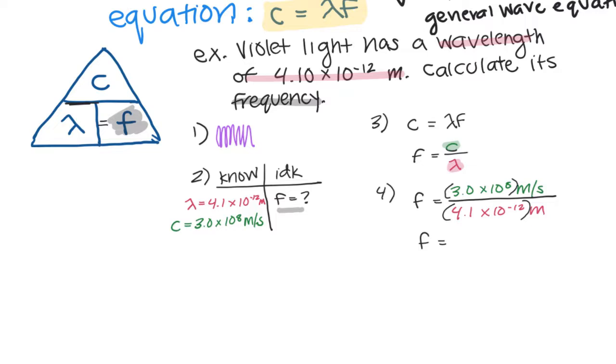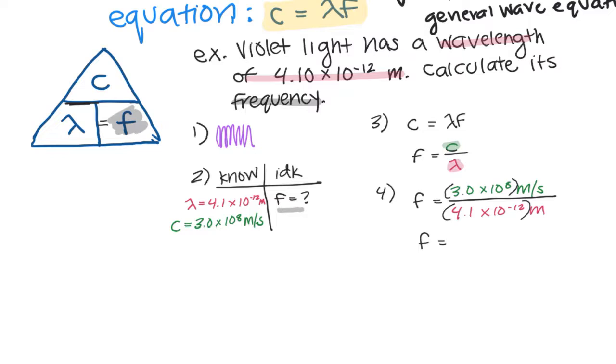So if it's one number, we want to make sure that it stays one number. So we're going to group these into parentheses. This will just help as we type it in our calculator to indicate that this 3.0 and this 10 to the 8th need to stay together as we solve using PEMDAS.